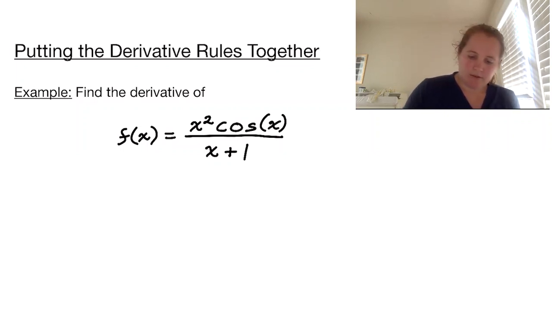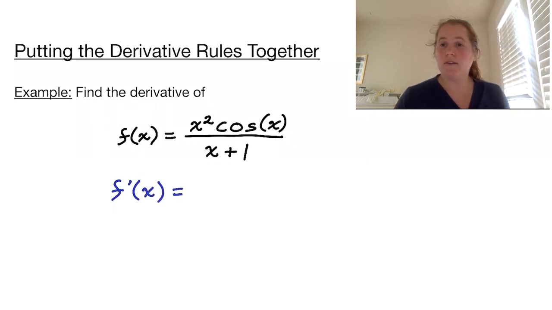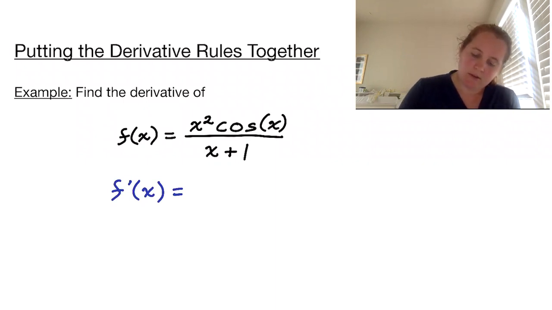So we have f prime of x is equal to... the very last operation we did here would have been the division. So we're going to treat this as a quotient rule problem, and use the quotient rule first.